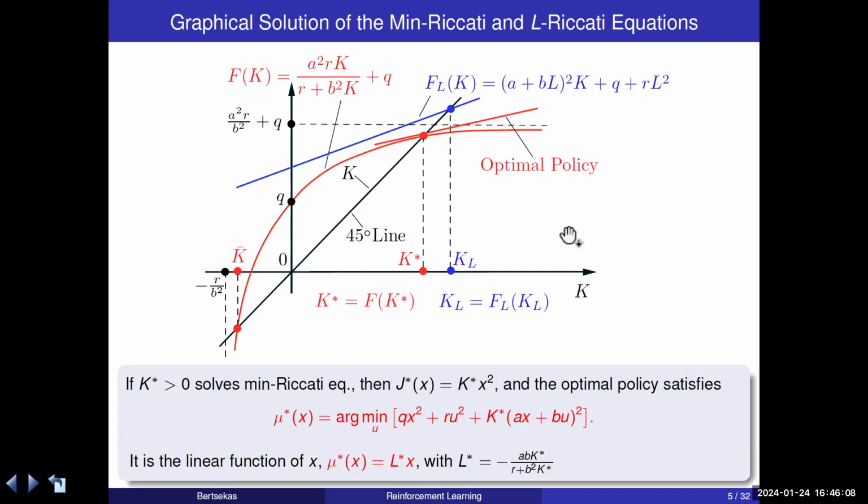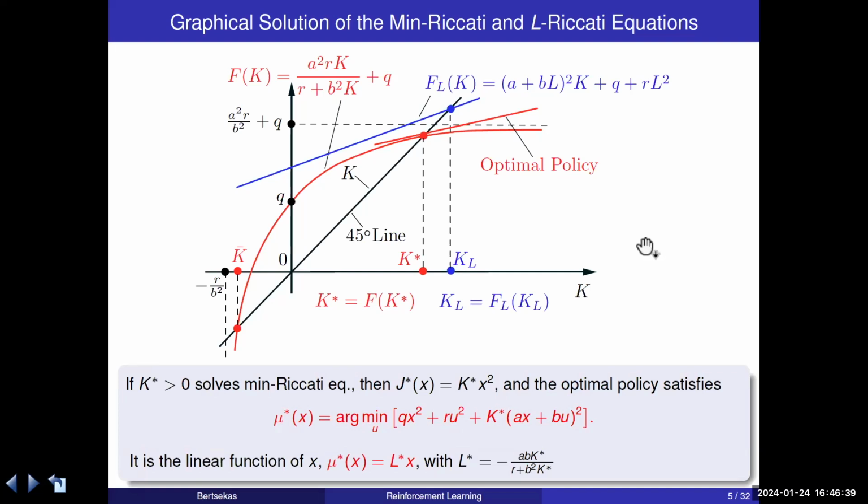But the same kind of insights that this graph provides, and related insights that subsequent visualizations will provide, carry through for multidimensional linear quadratic problems, and also far beyond that to non-linear quadratic type problems. Okay, so we go to the next slide.